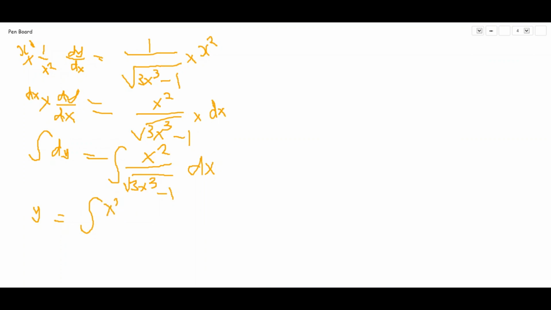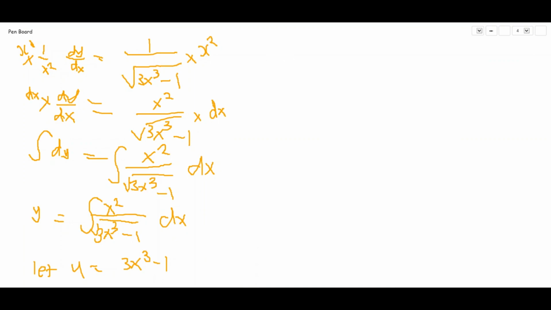y is equal to the integral of x squared divided by root of 3x cube minus 1, then dx. Now we have to focus on this. Let u equal 3x cube minus 1, right?